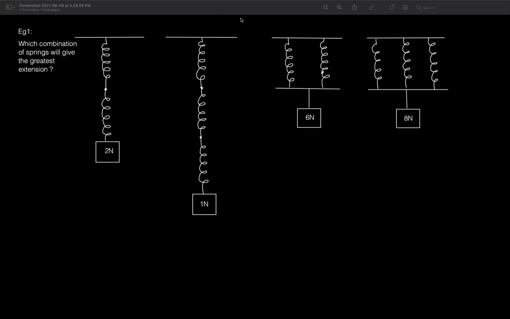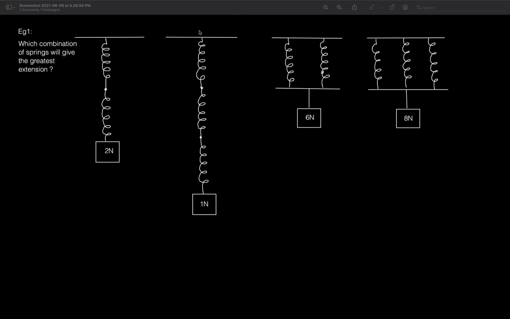Now, the parallel is side by side, right? You can imagine the parallel is like gym equipment. If you go to the gym and train back muscles, you see two handles and in between there are many strings. You pull it, you train your back muscle.